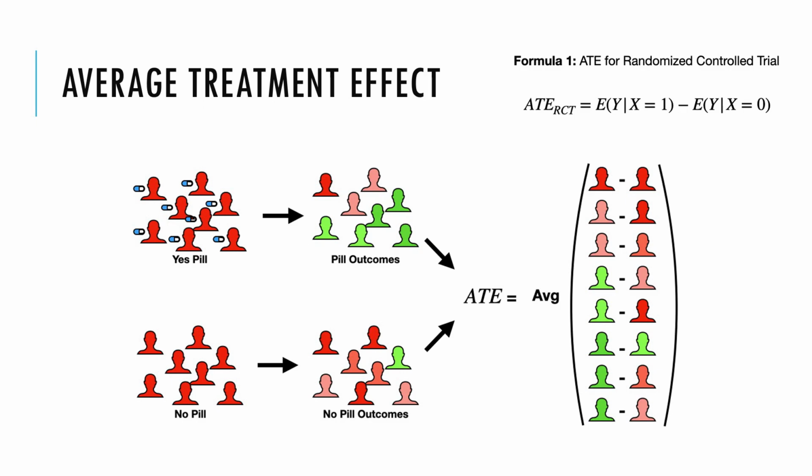On average, those 2 groups are going to be equivalent on any key factor, like gender, race, income, prior health status, or any characteristic that might impact the result, even those you can't think of. 2 people can't be the same, but 2 groups can be, at least on average.